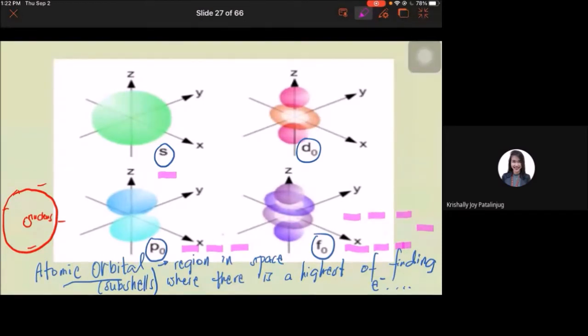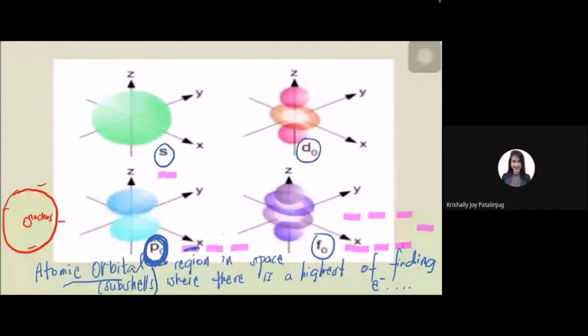I repeat, each orbital per subshell can only hold 2 electrons. For example, the P subshell has three orbitals. Per orbital of the P subshell, only two electrons is the maximum. In the first orbital, two can occupy it. In the second orbital, only two electrons can occupy as well.